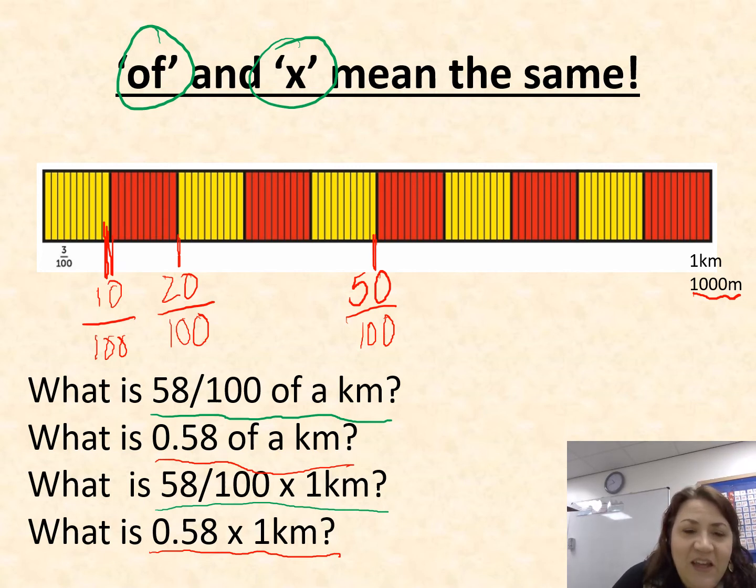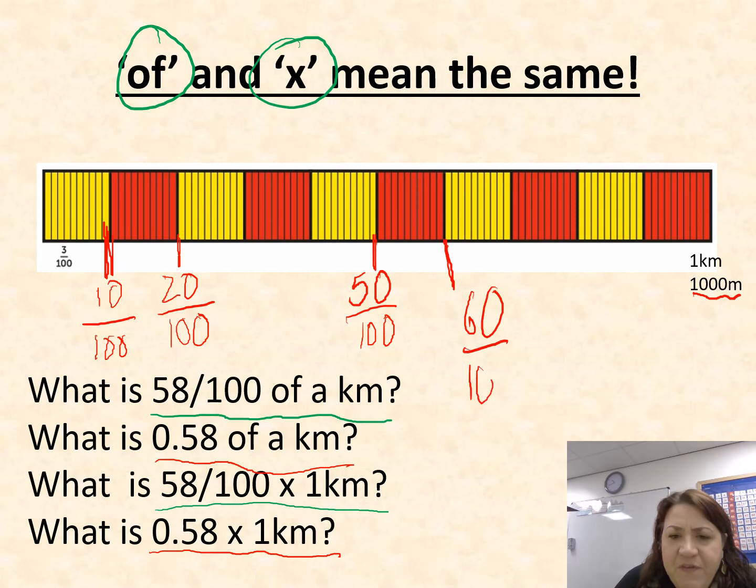So where it says 10 hundredths, we've actually got 100 metres. It's very confusing. So 20 hundredths is actually 200 metres because we're actually working out of 1,000 even though they're hundredths. That does get a little bit confusing when you think of it like that. Okay, we've got 50 out of 100. So 60 out of 100 would be here.